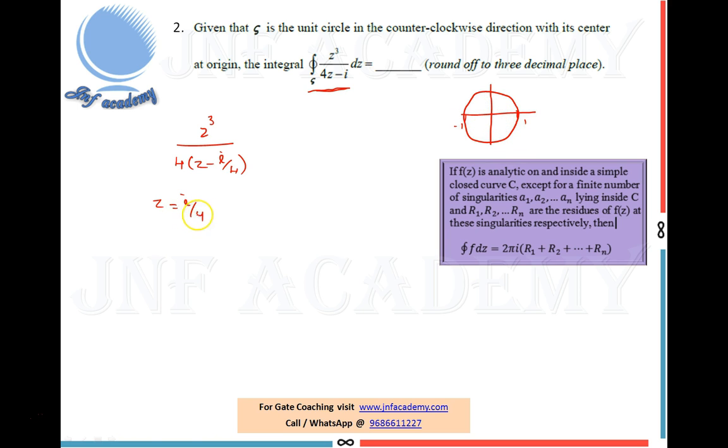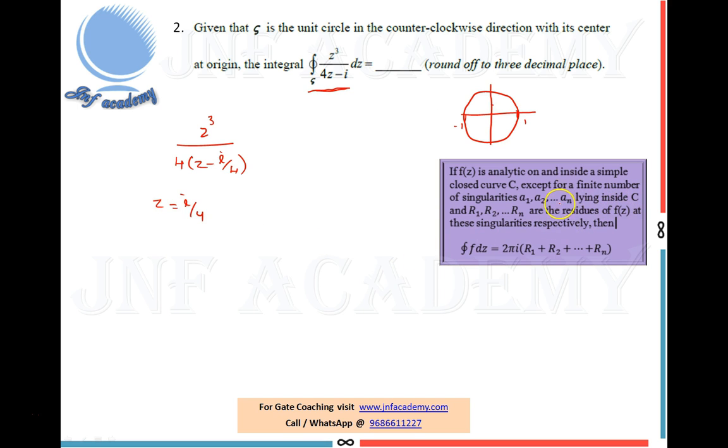So z equal to i by 4. What is the point of z equal to i by 4? It is (0, 1 by 4). This point lies here. Okay, so this singularity is inside the circle.